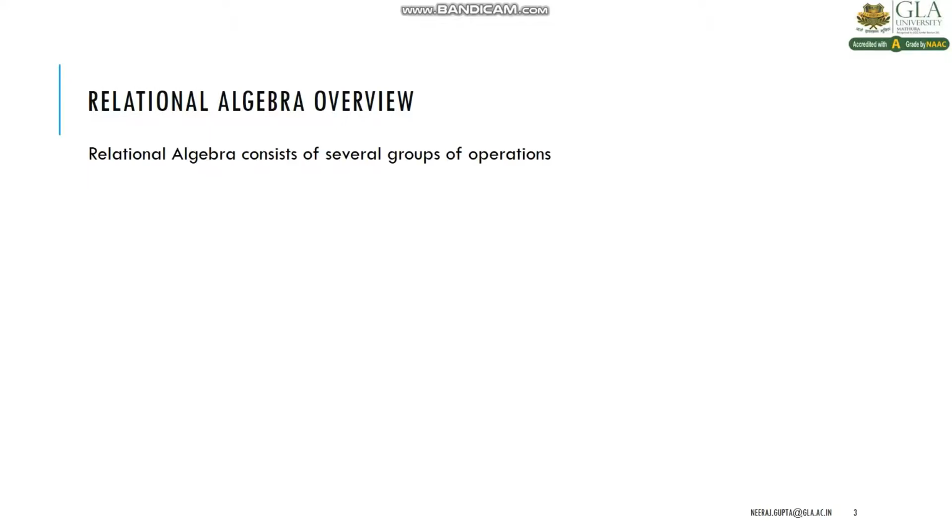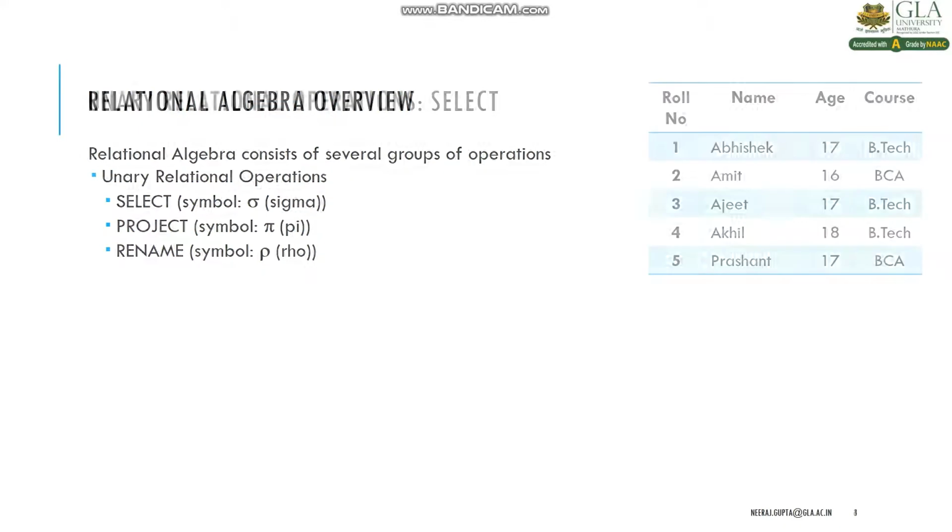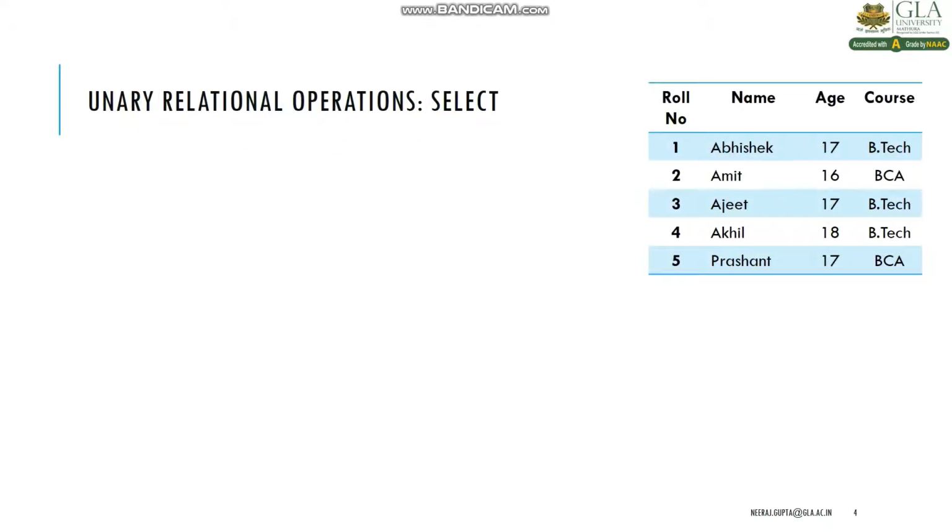So, relational algebra consists of several groups of operations. The first group is unary relational operations, in which there are select sigma, project pi, and rename rho. So we start with select.